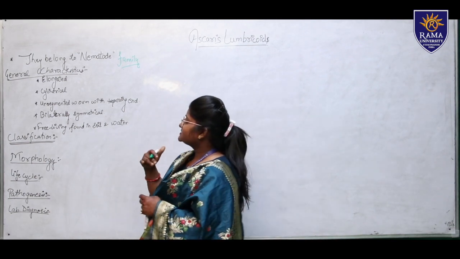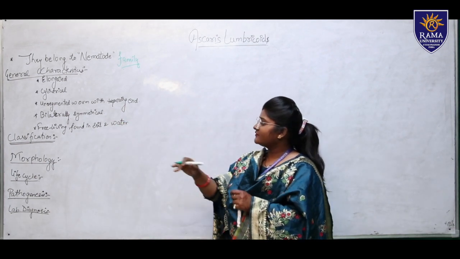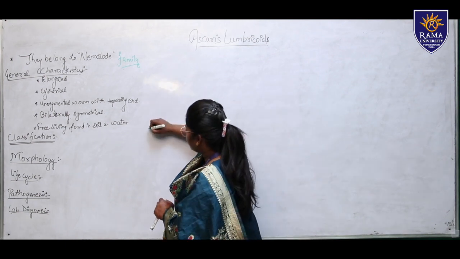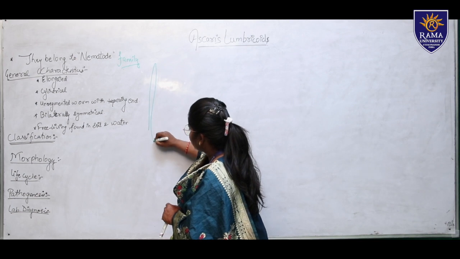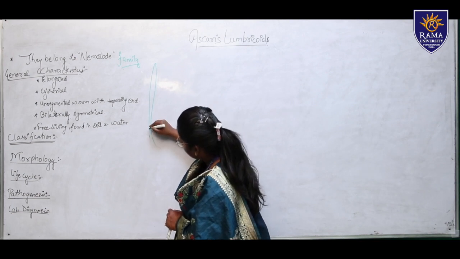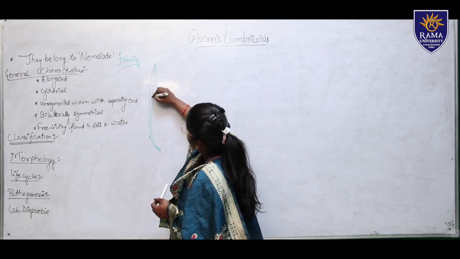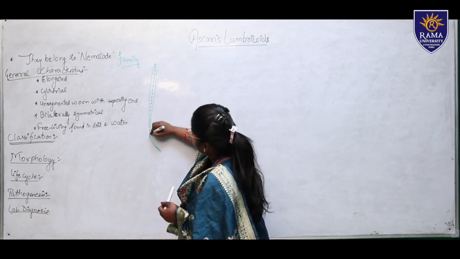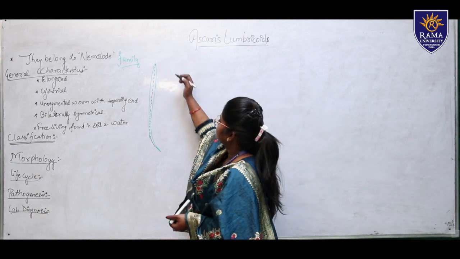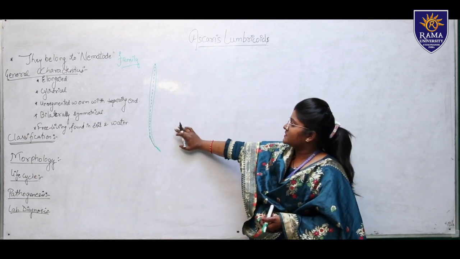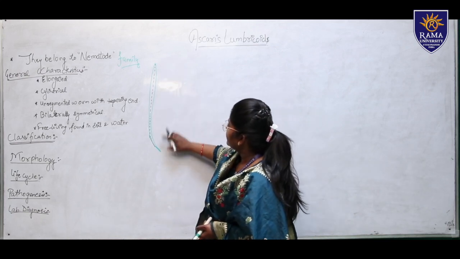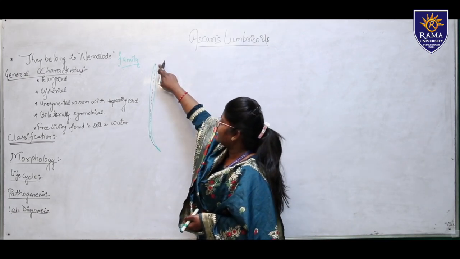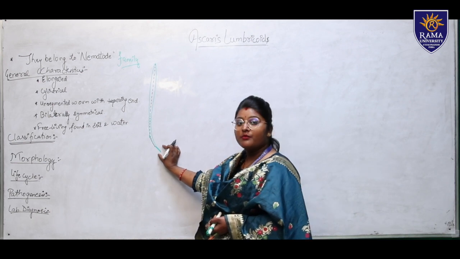Before starting with these characteristics, I would like to draw one diagram. This is basically an adult worm. It has a rounded shape at the anterior side and the posterior side is pointed.